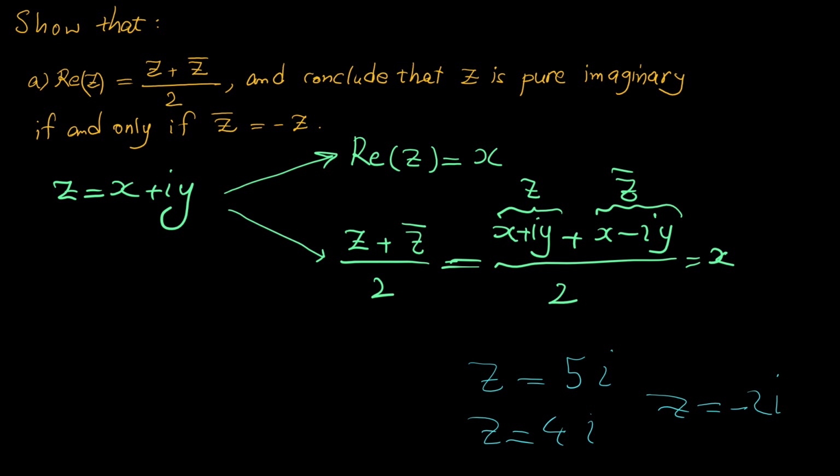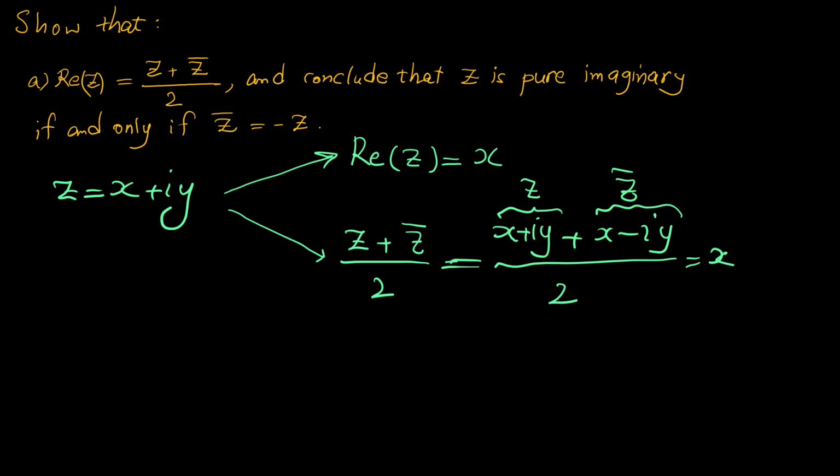We want to prove that if z is a pure imaginary number, then the conjugate of z is equal to -z. And also we want to prove the opposite. Attention, this is an if and only if statement. When you see in mathematics if and only if statements, you have to prove two things. You have two sides to prove.